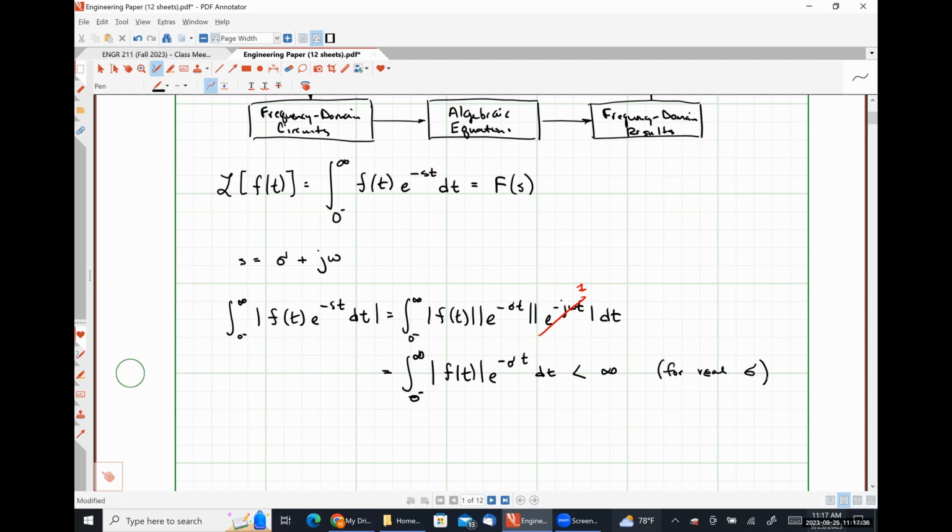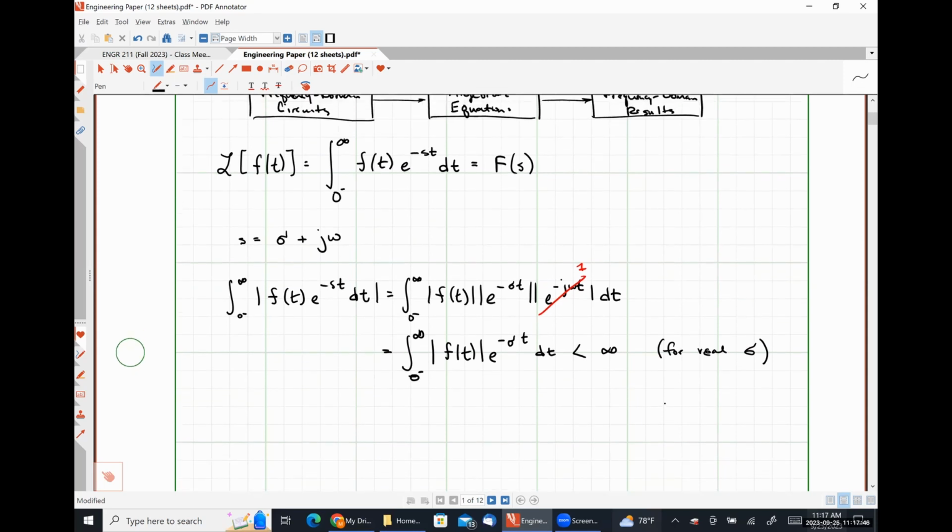If sigma c is the smallest value of sigma for which the integral converges, then the region of convergence will simply be all sigma that is greater than sigma c, where sigma c, once again, is the smallest value of sigma that causes convergence.